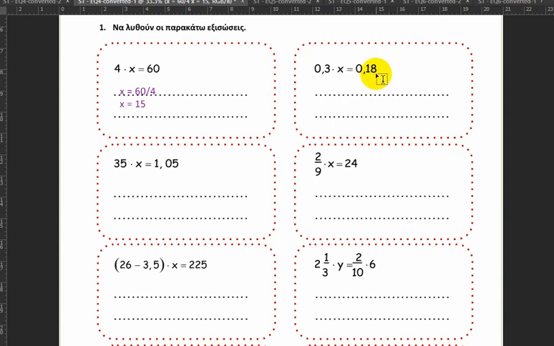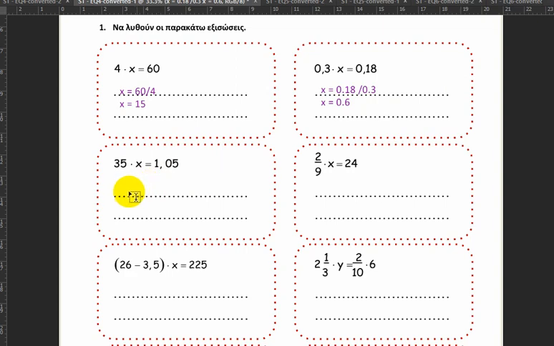0.3 times x equals 0.18 means that x is equal to 18 divided by 3.